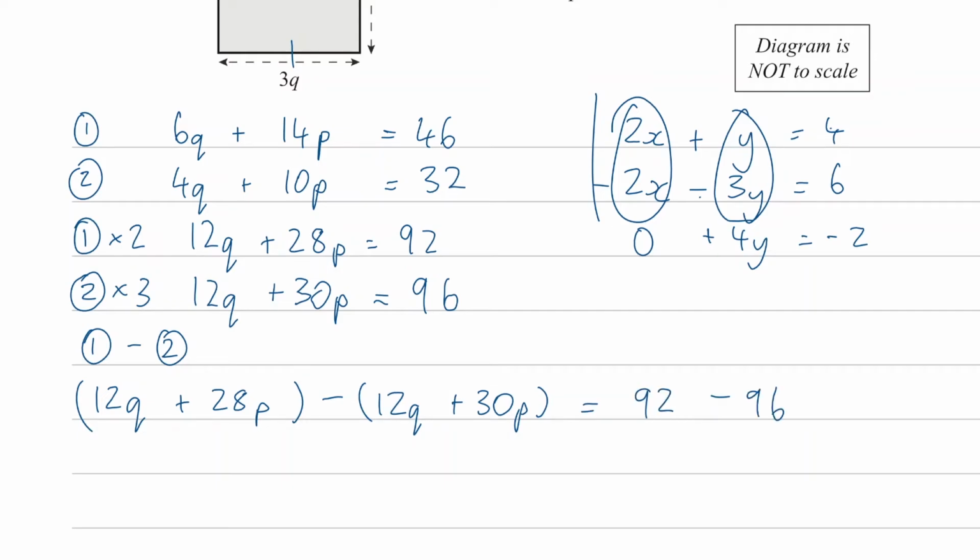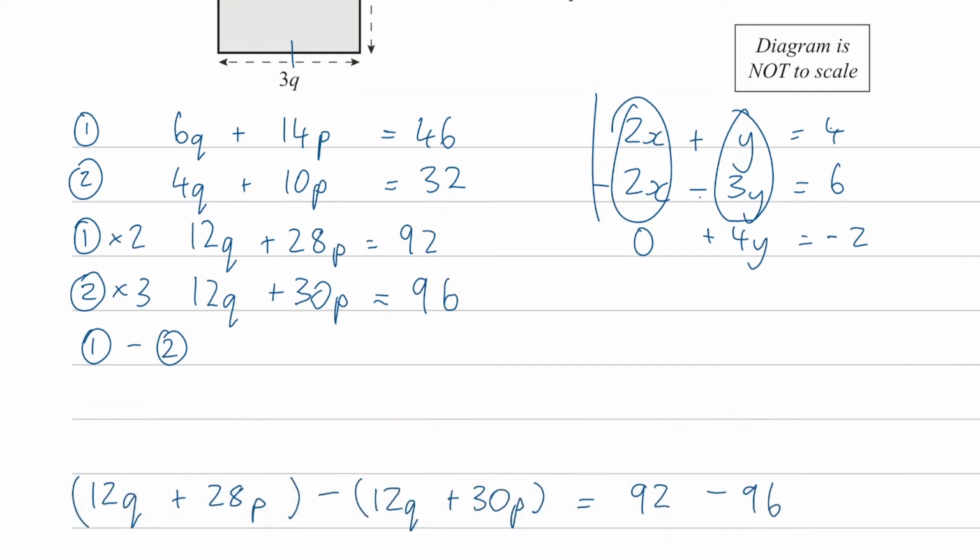All right, if you'd rather do it vertically, that's one way of writing it out. Another way is 12q, just doing it from this. So 12q minus 12q is 0q. 28p minus 30p is minus 2p. 92 minus 96 is minus 4.